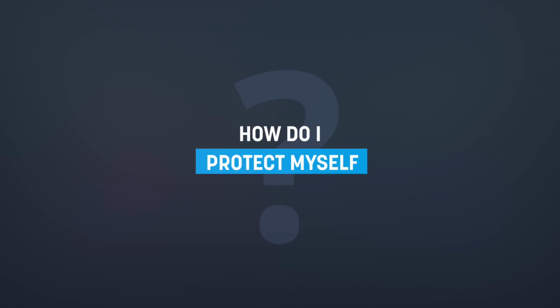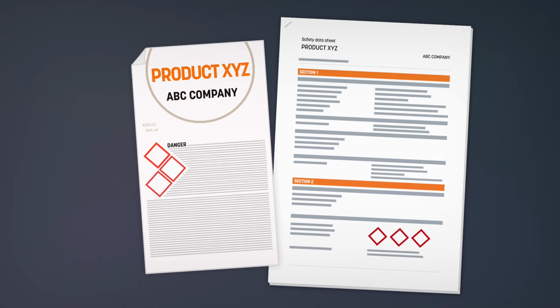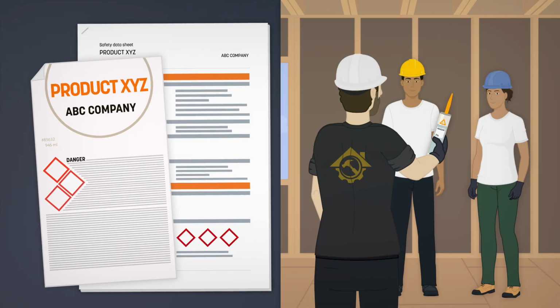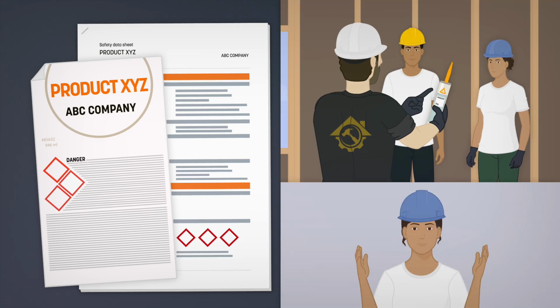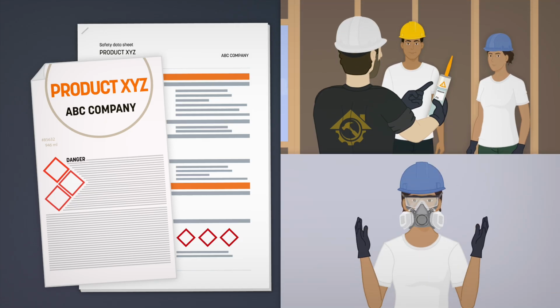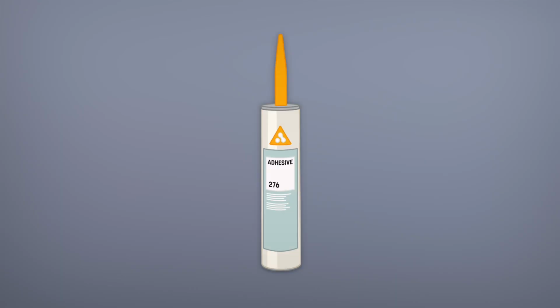Second question: what should I do to protect myself when using a hazardous product? You should read the product label or the safety data sheet, which contains all the information about the product. You should also follow the training provided and apply the preventive measures put in place by your employer. Take this construction adhesive tube, for example.